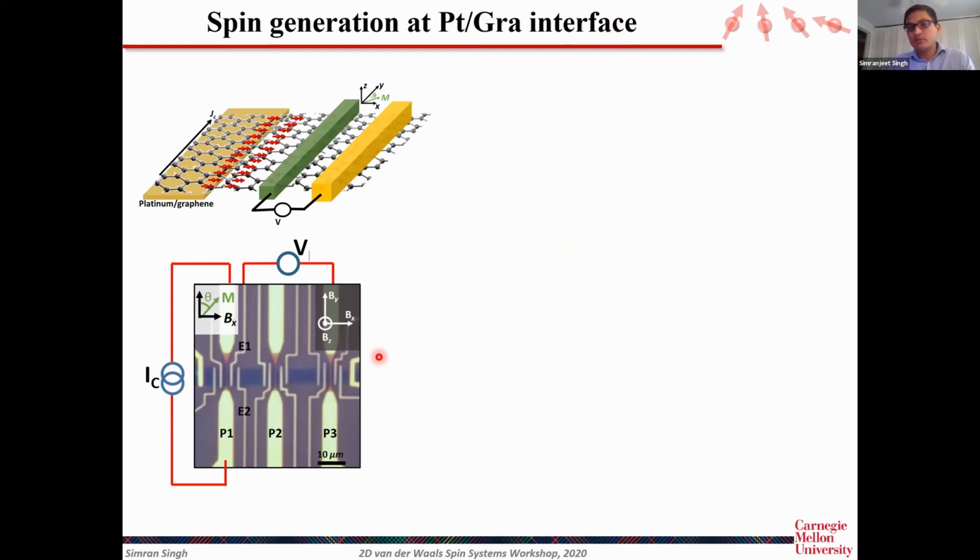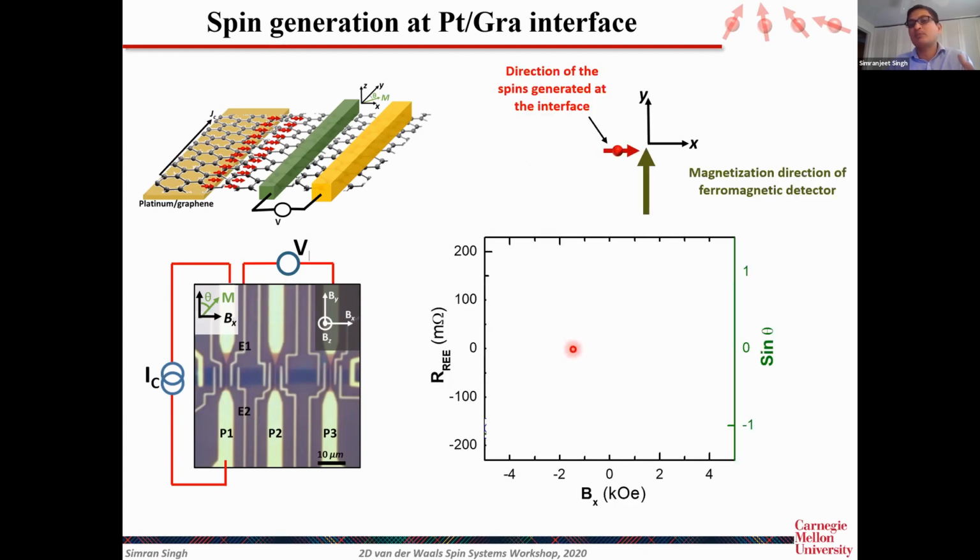So this is how we do the measurements. We apply a charge current here, and then we want to use a ferromagnetic electrode whose properties we know, and also the graphene channel, which we now understand in terms of the spin diffusion length, the spin relaxation time, and so on. And then we want to measure this non-local voltage signal as a function of applied magnetic field.